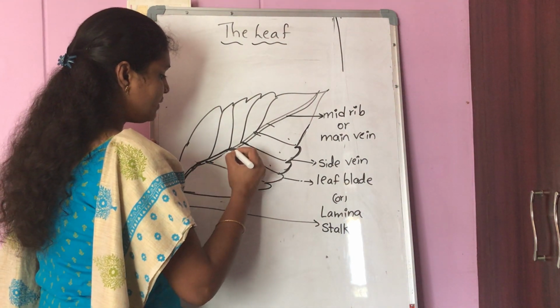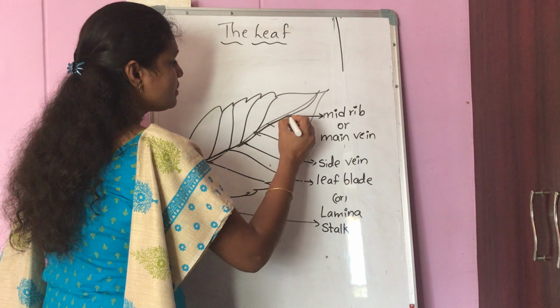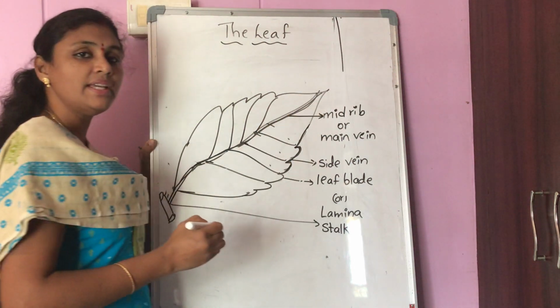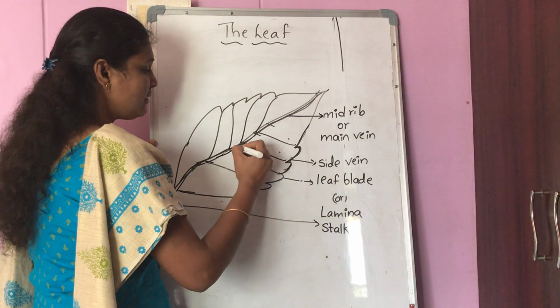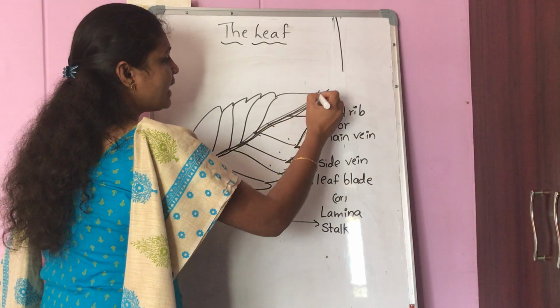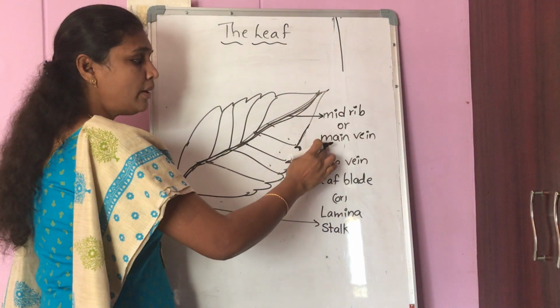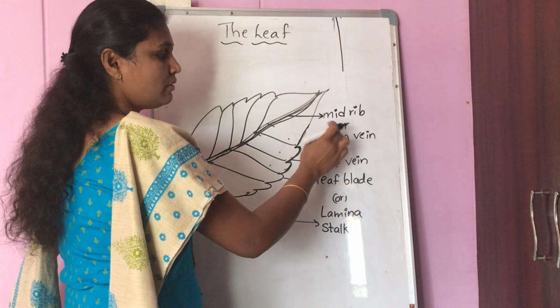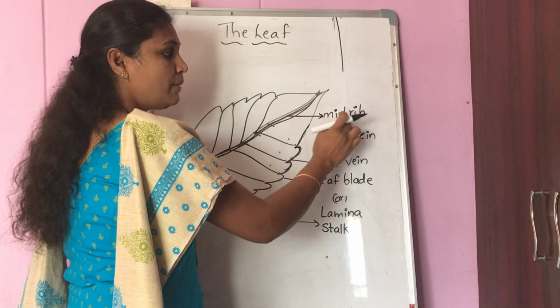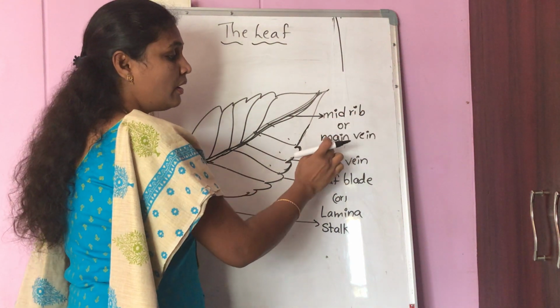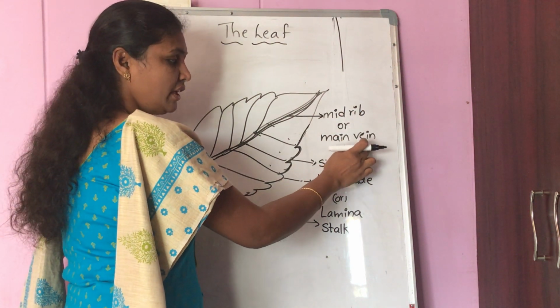The long one which passes through the middle of the leaf. The line which passes through the middle of the leaf, we call that the midrib or main vein. Please pronounce along with me: MID, mid, RIB, rib, midrib, or main vein.